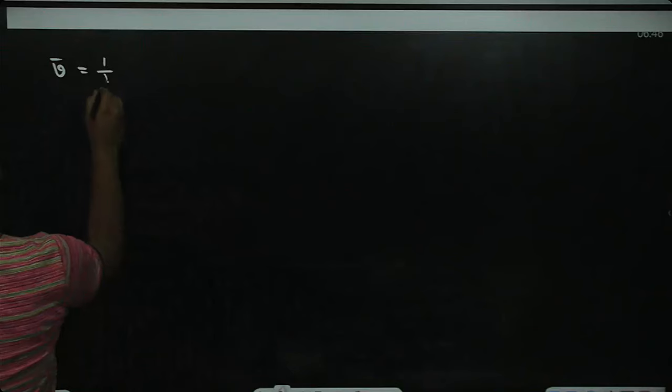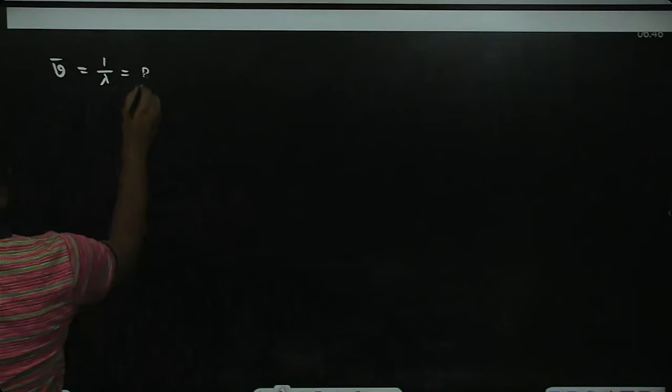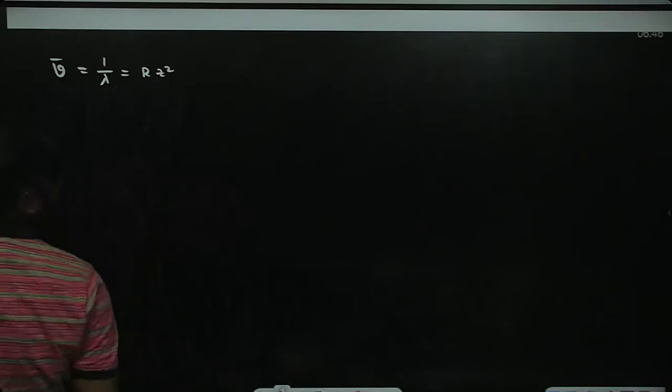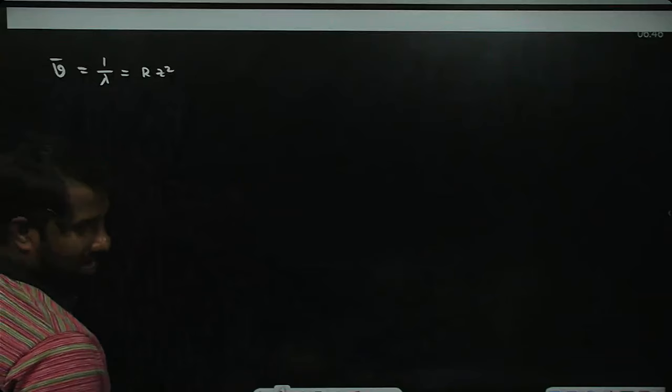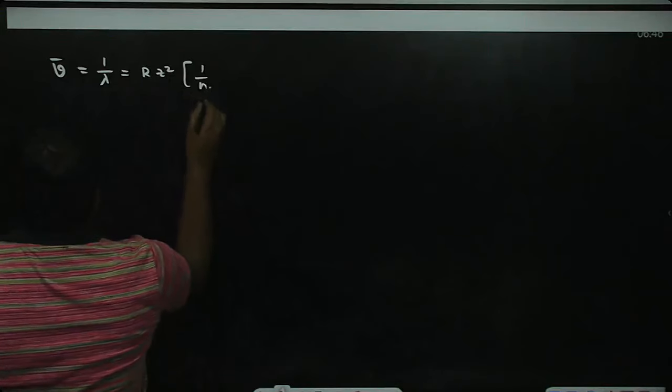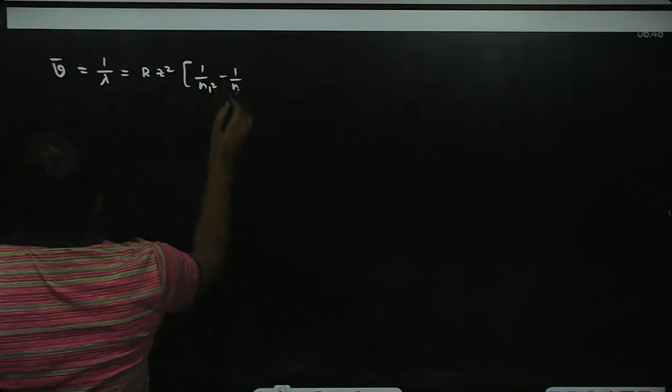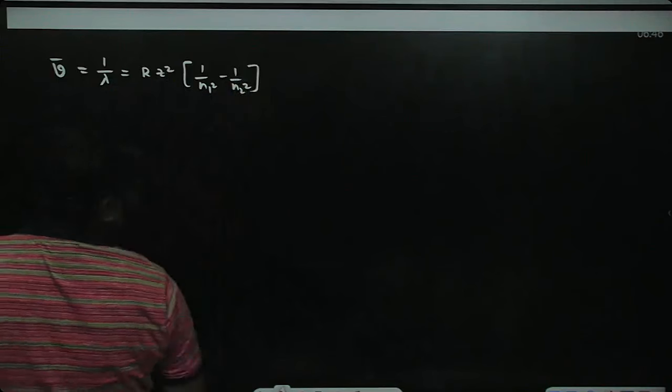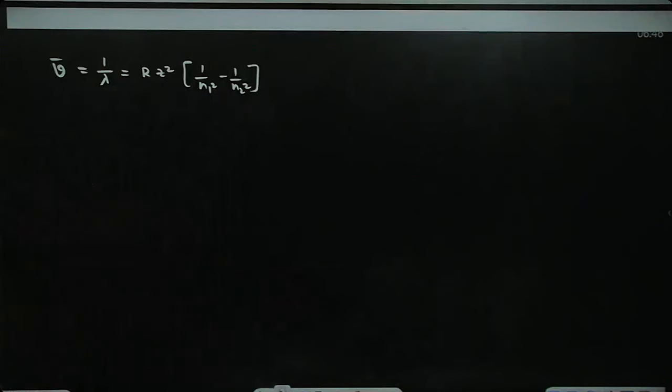That is 1 by lambda equal to R Z square into 1 by n1 square minus 1 by n2 square. R means Rydberg constant. n1 is the lower energy level, n2 is the higher energy level.